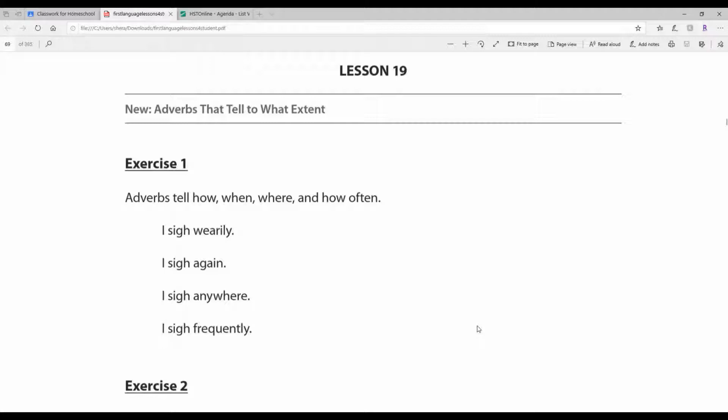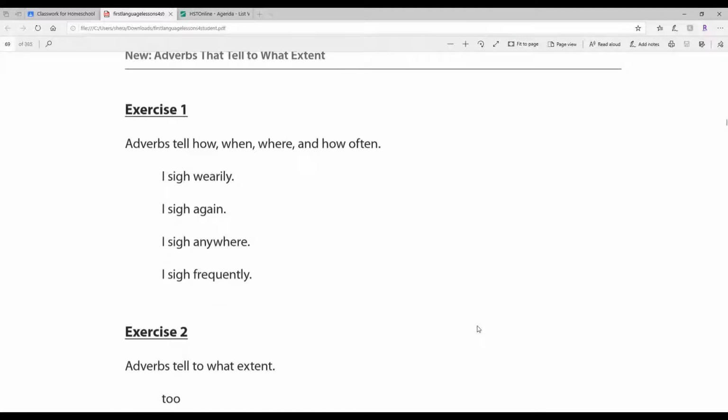All right, so let's look at exercise 1. What I want you to do is read this out loud, then I'm going to ask you a question, and then you answer it out loud, okay? How do you sigh? Wearily, right? So wearily is an adverb that tells how you sigh, correct? Read this one out loud.